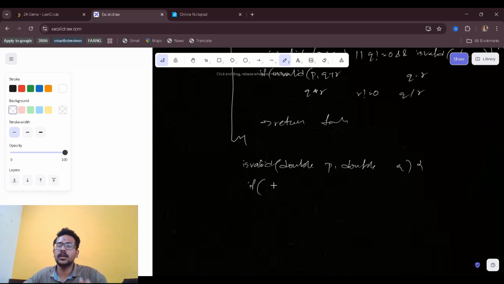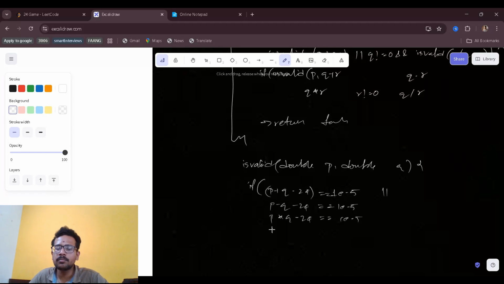So if p plus q minus 24 is less than 1e minus 5, where 1e minus 5 is the lowest value, so that if p plus q minus 24 is nearest to this lesser value, or p minus q minus 24 is less than 1e minus 5, or p into q minus 24 is less than 1e minus 5, or p by q only if q is not equal to 0, and right here I need to place or minus 24 is less than 1e minus 5.